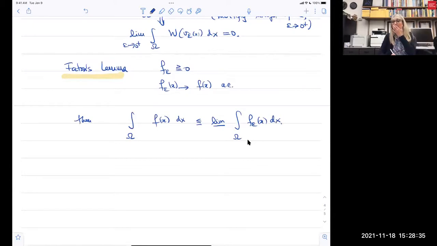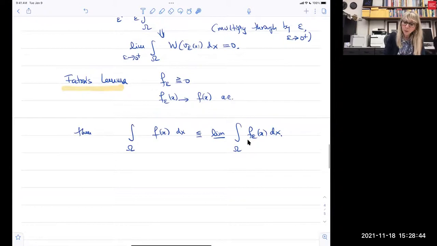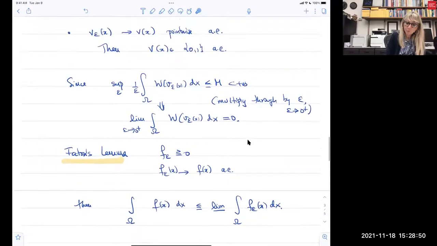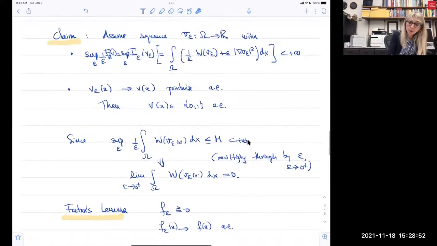Well, actually, you could just put here the liminf, but suppose you even have a limit, which is what I want to have. Okay, so I had two assumptions. I had this assumption, which I used already, I used part of it. And then I have another assumption, namely pointwise convergence.